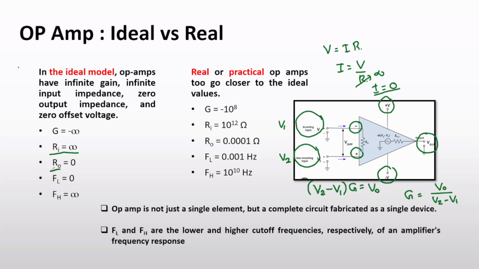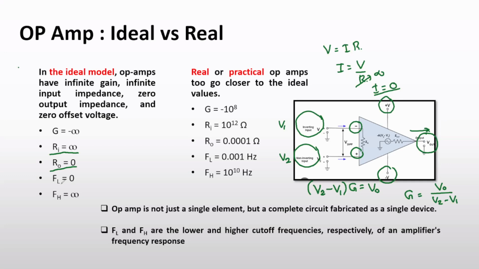And also the resistance of the output. That means the current flowing out from the op amp can be any value, because the resistance of the output is 0. And normally there are two frequencies called FL and FH.